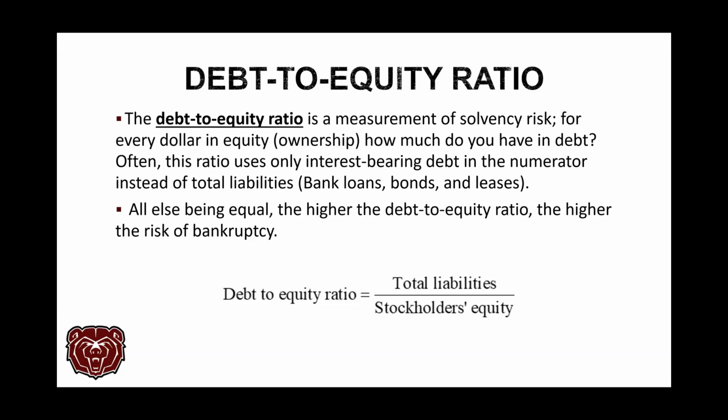So you may see it presented where they tell you, what's your debt to equity ratio if you're only including interest-bearing debt? And when you include interest-bearing debt, it is bank loans, bonds, and leases in terms of this class, okay? However, it is totally fine if they don't say it to just use total liabilities divided by stockholders' equity. That is going to give you a ratio, a percentage of your ownership to your debt, okay?